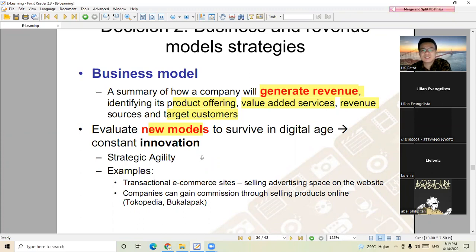More productive customers are Gen Z. So if Generation Z is becoming our customers, we have to know their behavior. We have to know how they buy something, their consumer psychology, so that we can incorporate their new behaviors into our business model in order to survive in this digital age.